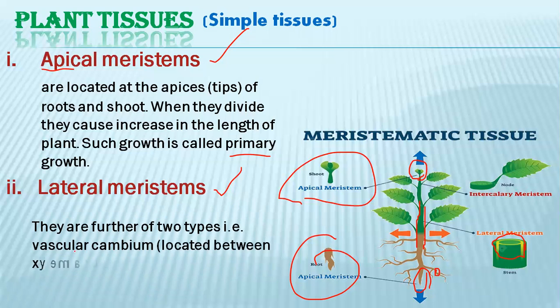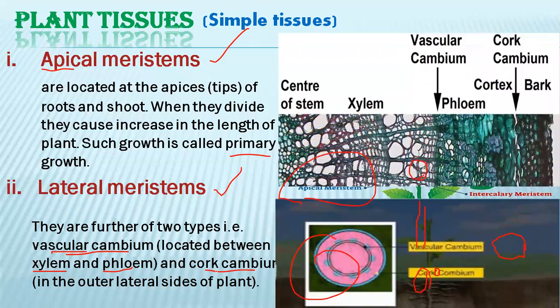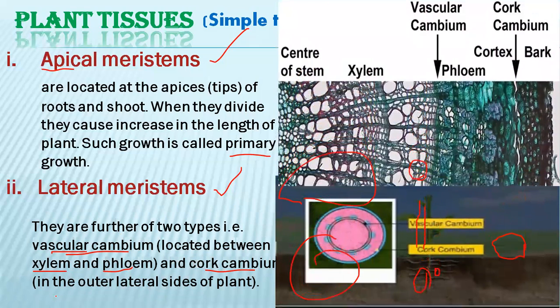Number one is vascular cambium and number two is cork cambium. Vascular means it comes from the vessels, and vessels means xylem and phloem. So this cambium is present between the xylem and phloem, and cork cambium is on the outer lateral sides of the plant.